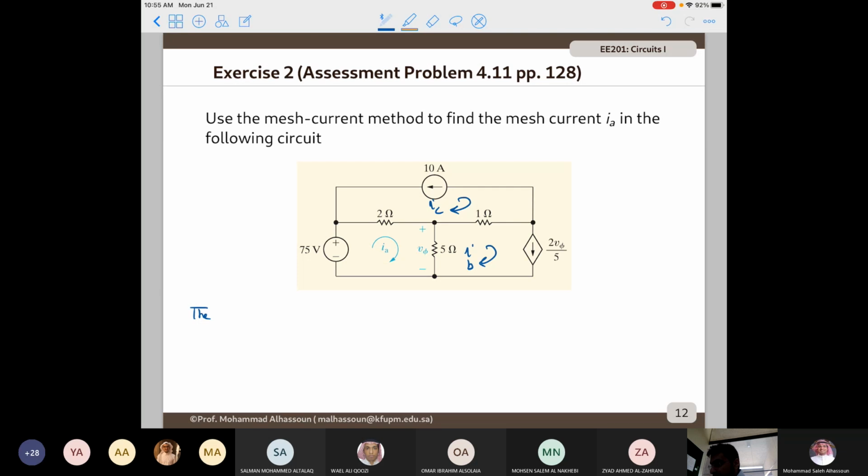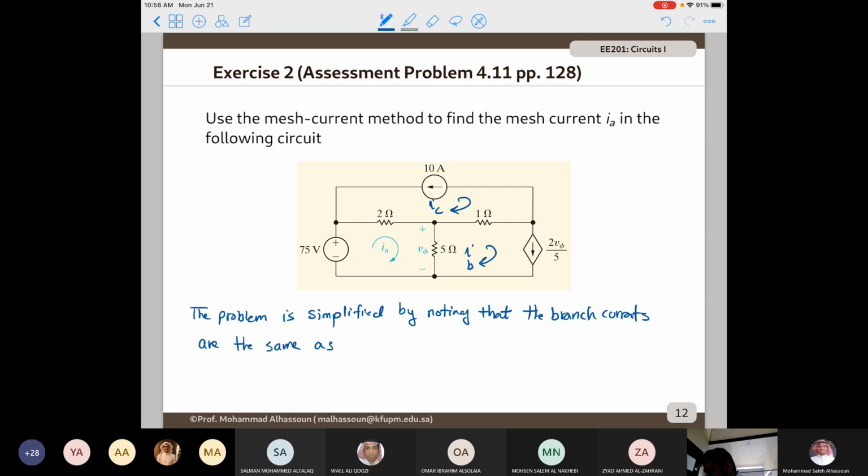So instead of directly applying the mesh current method, you see that the problem is simplified by noting that the branch currents are the same as the mesh currents. The branch current sources.